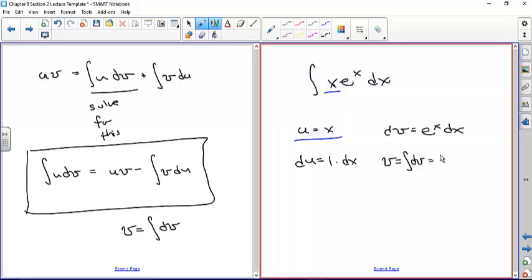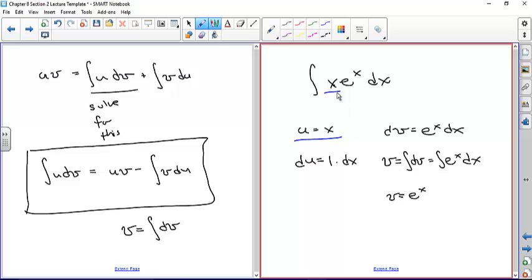So in this case, dv is e to the x dx. So I know how to integrate that. The integral of e to the x dx, it's in the book, is e to the x. Now I don't add an arbitrary constant c here, I just leave it without an arbitrary constant c.